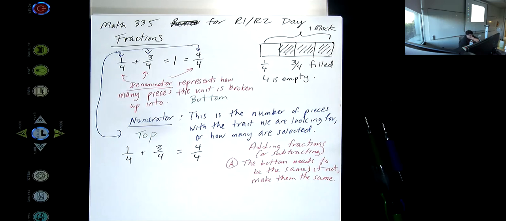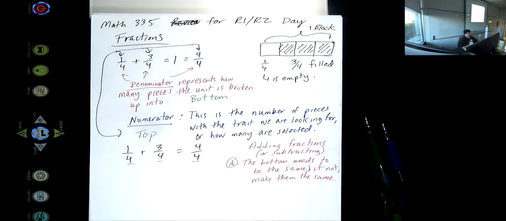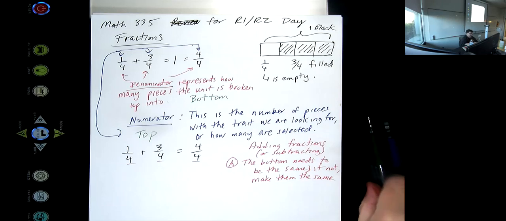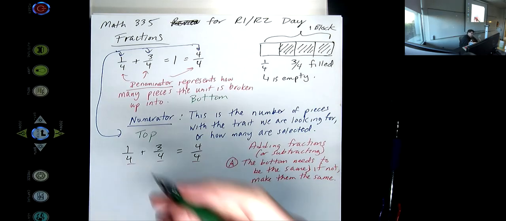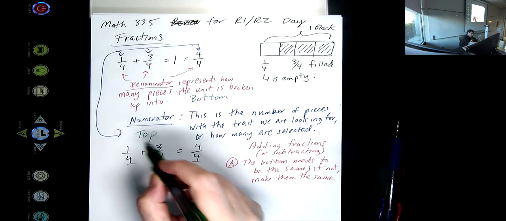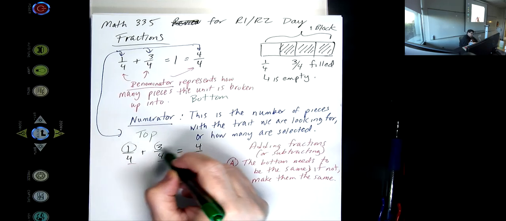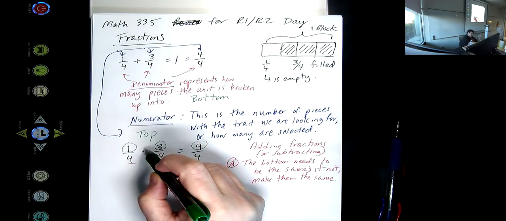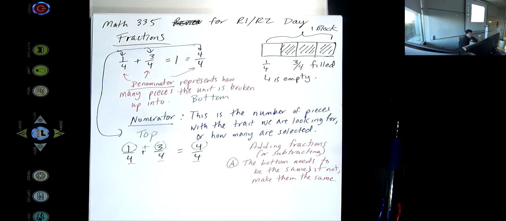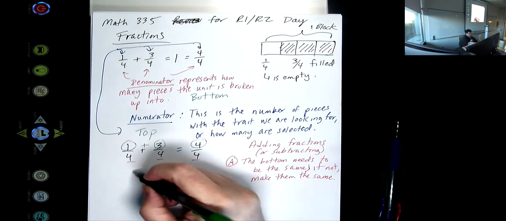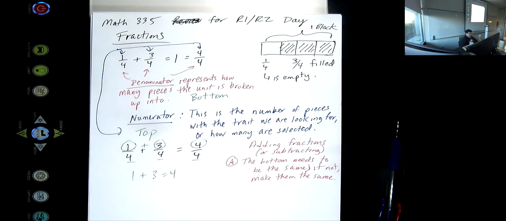And it stays 4 across all of them. And now if I look at the numerators, notice I've got 1, 3, and 4. And if I just put that plus up here like that, 1 plus 3 equals 4.